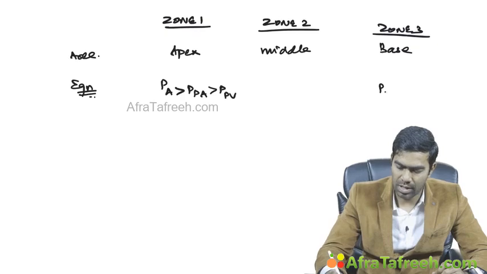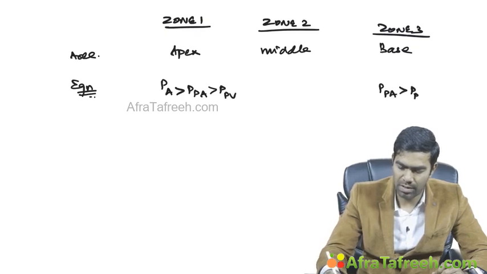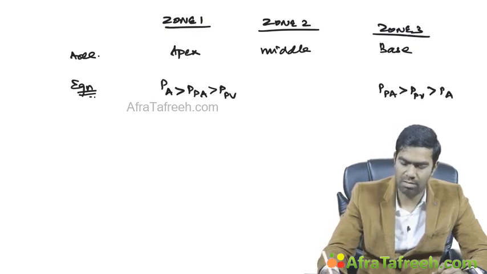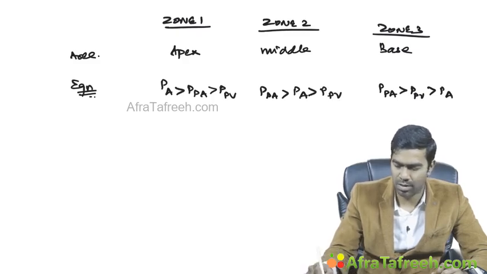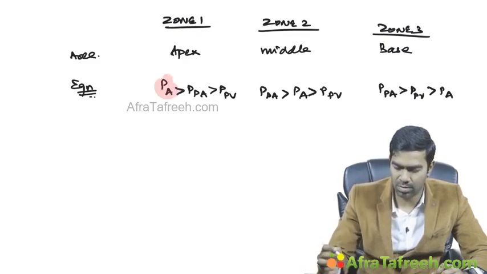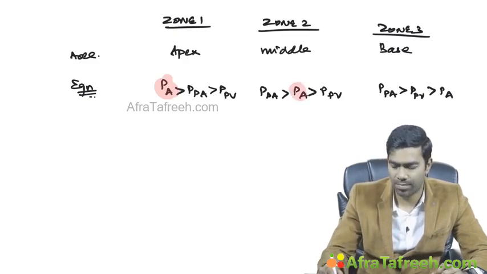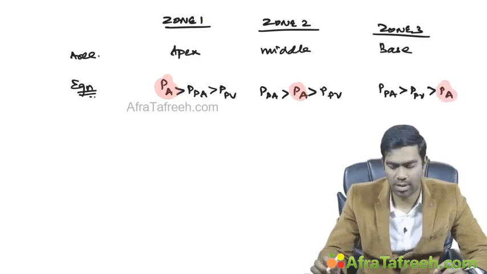But here the pulmonary artery pressure will be more than the pulmonary venous pressure, which will be more than the alveolar pressure. But here, somewhere in between, the pulmonary artery pressure will be more than the alveolar pressure, which is more than the venous pressure. You can see the alveolar pressure is the maximum here, intermediate here, least here. And this is how you remember. Clear?